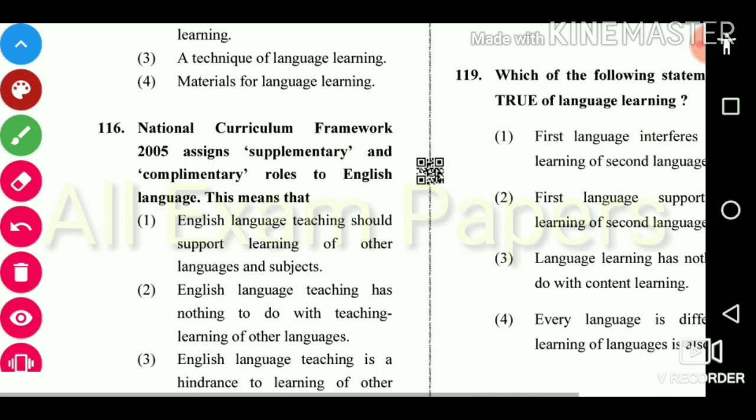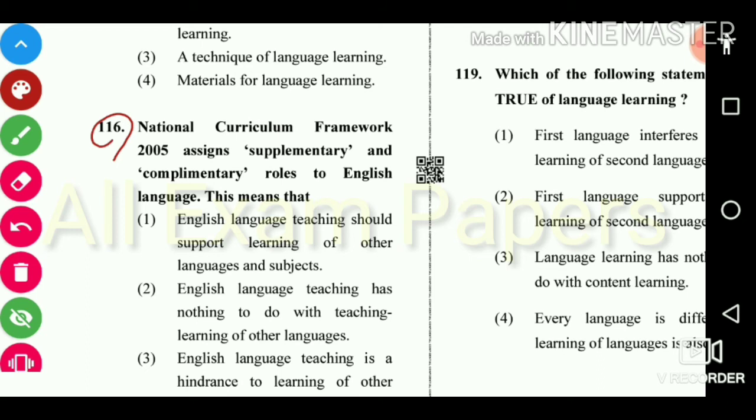Next question. National Curriculum Framework, NCF 2005, assigns supplementary and complementary roles to English language. This means that option number first is English language teaching should support learning of other languages and subjects.